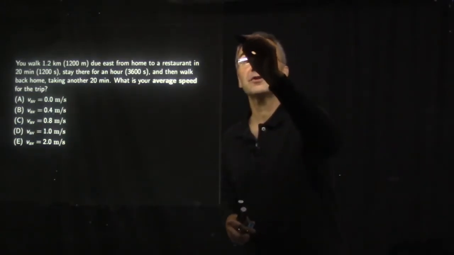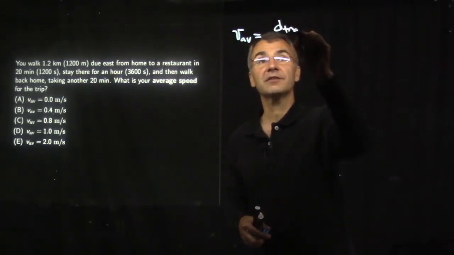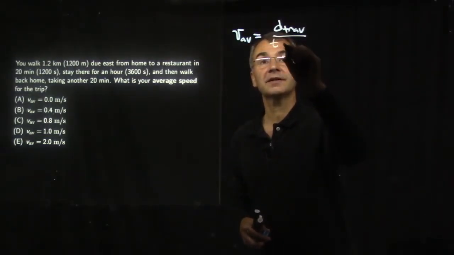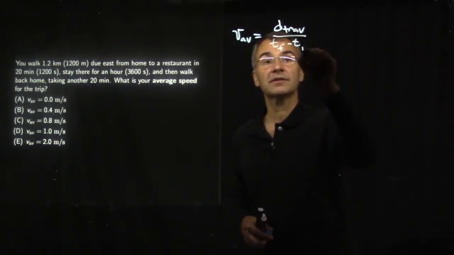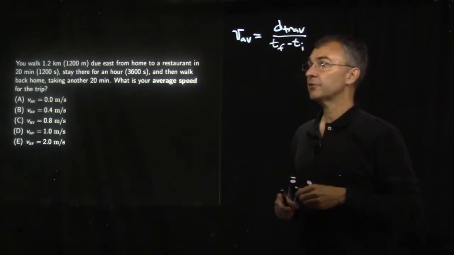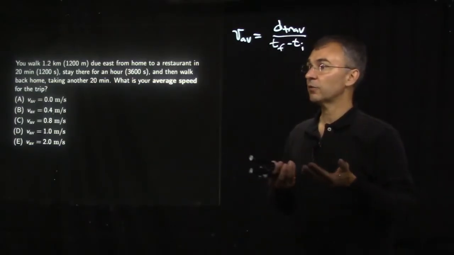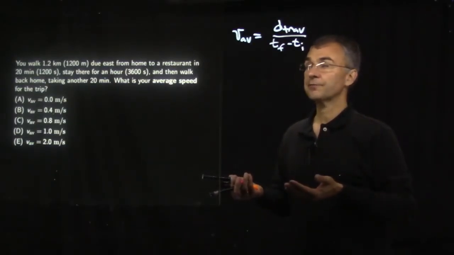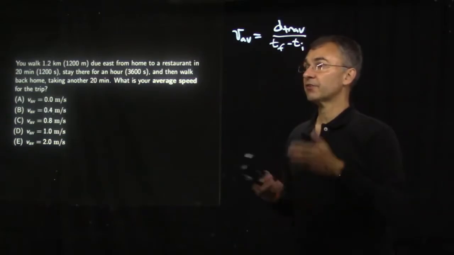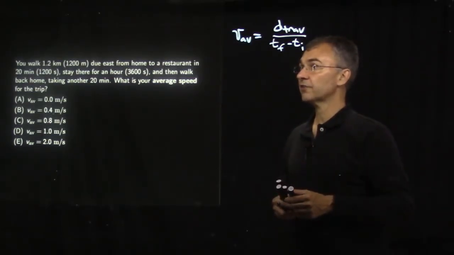Well, the average speed is the distance traveled divided by the elapsed time. And it seems like we have 3 segments. We walk east, and then we dwell and kind of do nothing, and then we walk west. So to get the distance traveled, we have to say how far do we go east, and then how far do we go west.